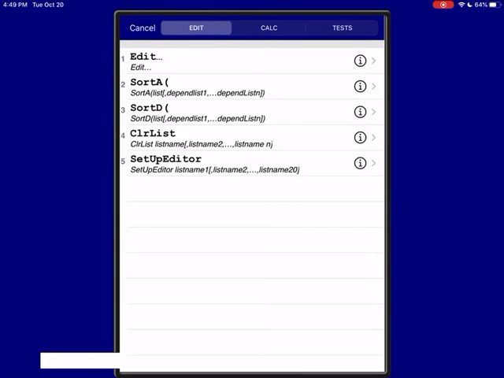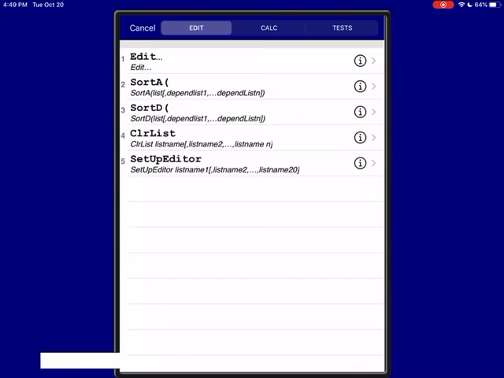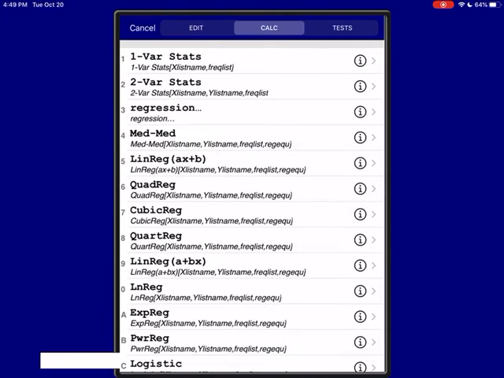So Graph and Calc 83, that's the one that I'm using right here. Let me clear this. I'm going to go to Stat, Edit, and I already put my numbers in. So I have 0 is my L1, 5 is my L2, 1 is my L1, and 15 is my L2. Then I'm going to hit Stat again, and hit Calc.